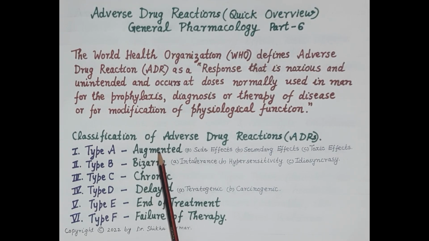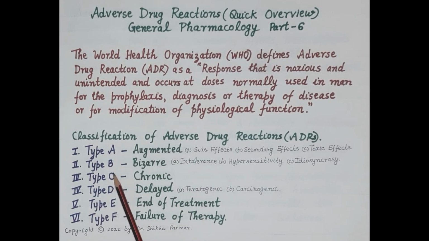These are highly predictable responses of a drug, and mostly these adverse drug reactions are not serious. Augmented responses include side effects, secondary effects and toxic effects of a drug. We will discuss each one of them while discussing augmented adverse drug reactions.